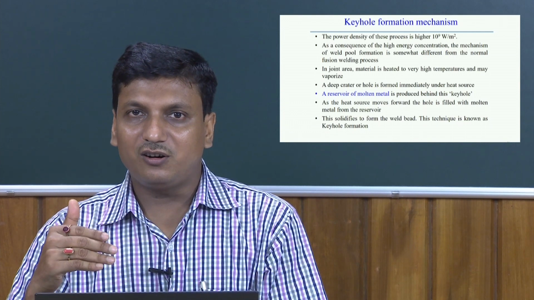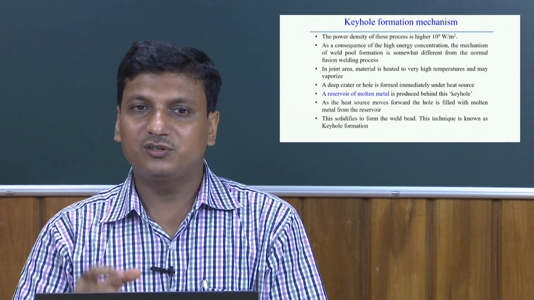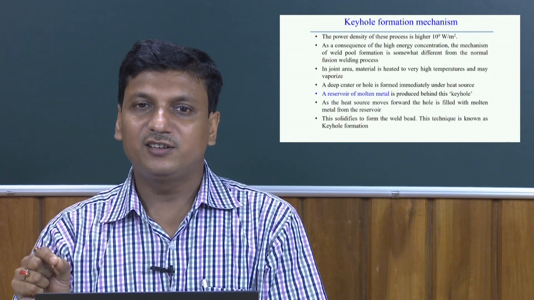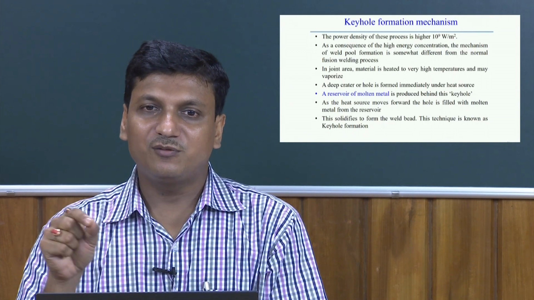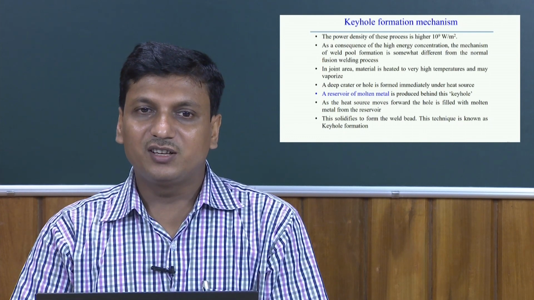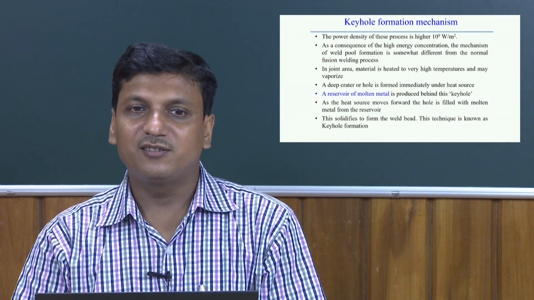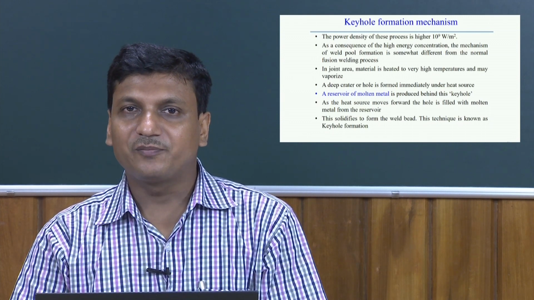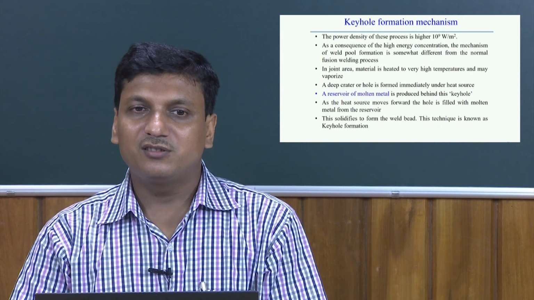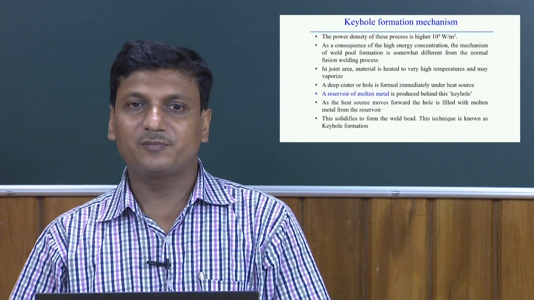When the heat source moves in a certain direction, that hole is filled from behind by the molten material from the reservoir, and it subsequently solidifies as the weld bead. This is the typical keyhole formation mechanism in the electron beam welding process.